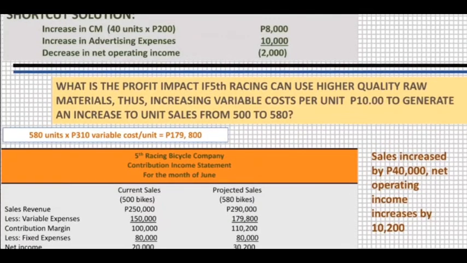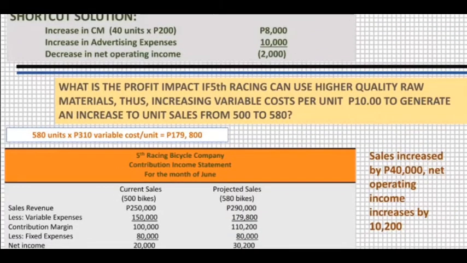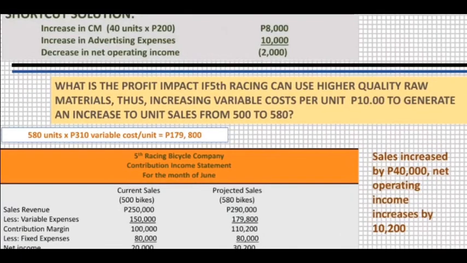For projected sales, we have sales revenue of 290,000 less variable expenses 179,800 equals contribution margin 110,200 less fixed expenses of 80,000 equals net income of 30,300.